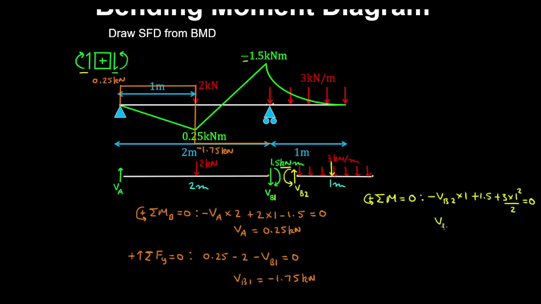And solving for VB2, we obtain 3 kilonewtons. So positive 3 kilonewtons is drawn on the top of this beam.